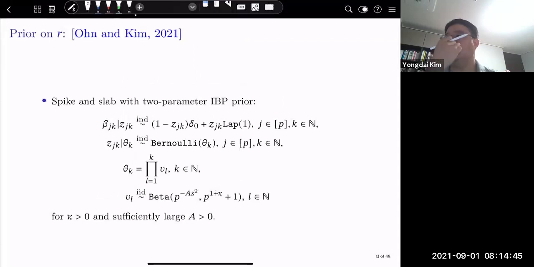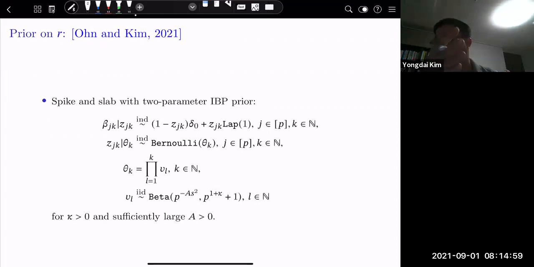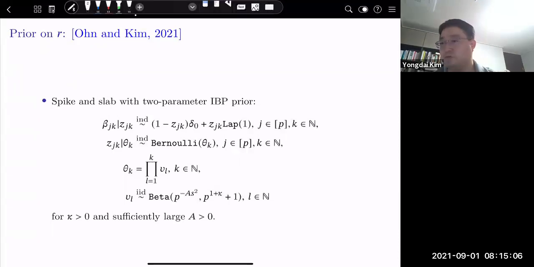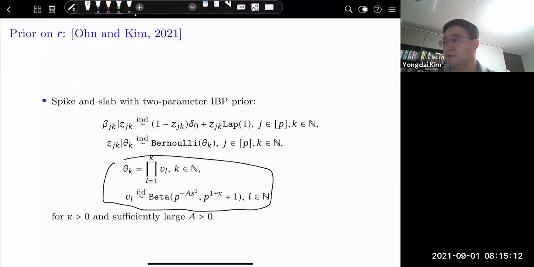And recently, Ilsang Ohn and myself proposed a prior, which is an extension of the prior of Rockova and George, where instead of the Indian buffet process, we use the two-parameter Indian buffet process prior for the factor dimensionality. So this is a two-parameter Indian buffet process. The reason why we use the two-parameter Indian buffet process prior is that we want to have the posterior consistency of the factor dimensionality.